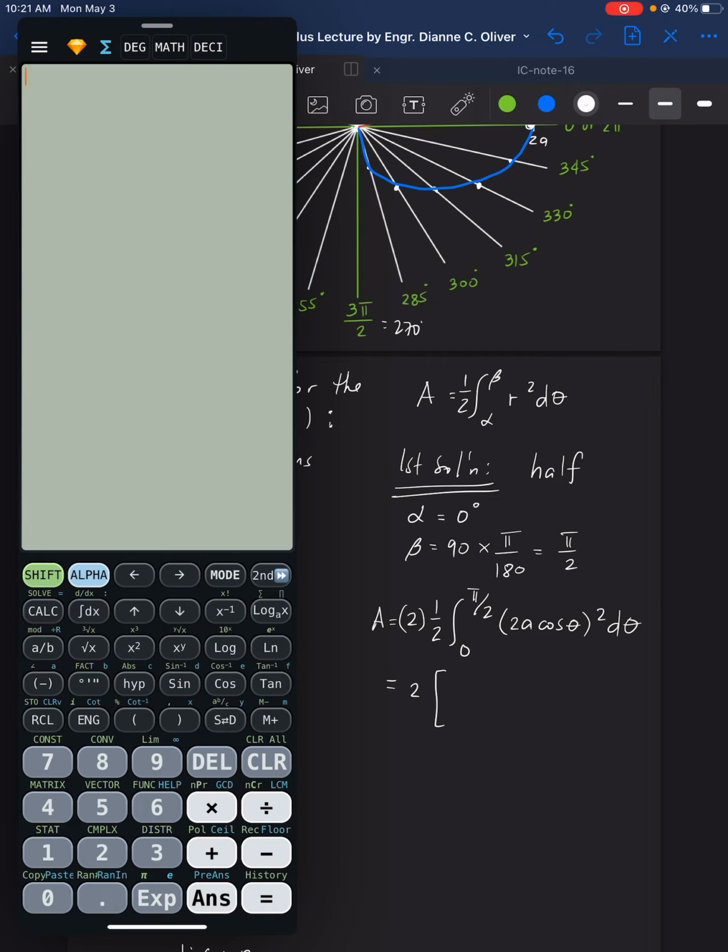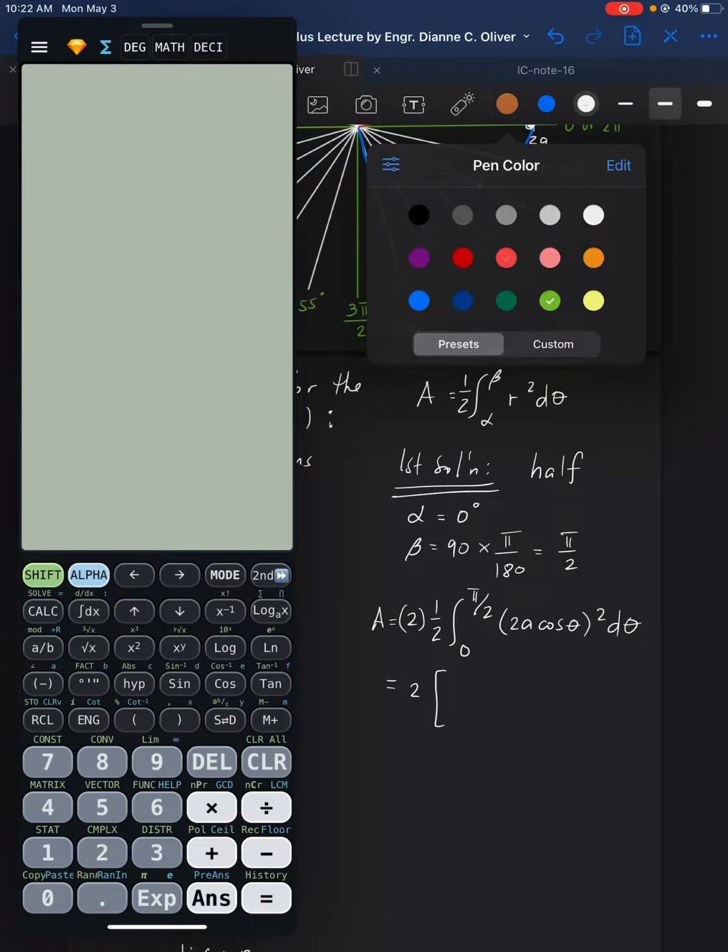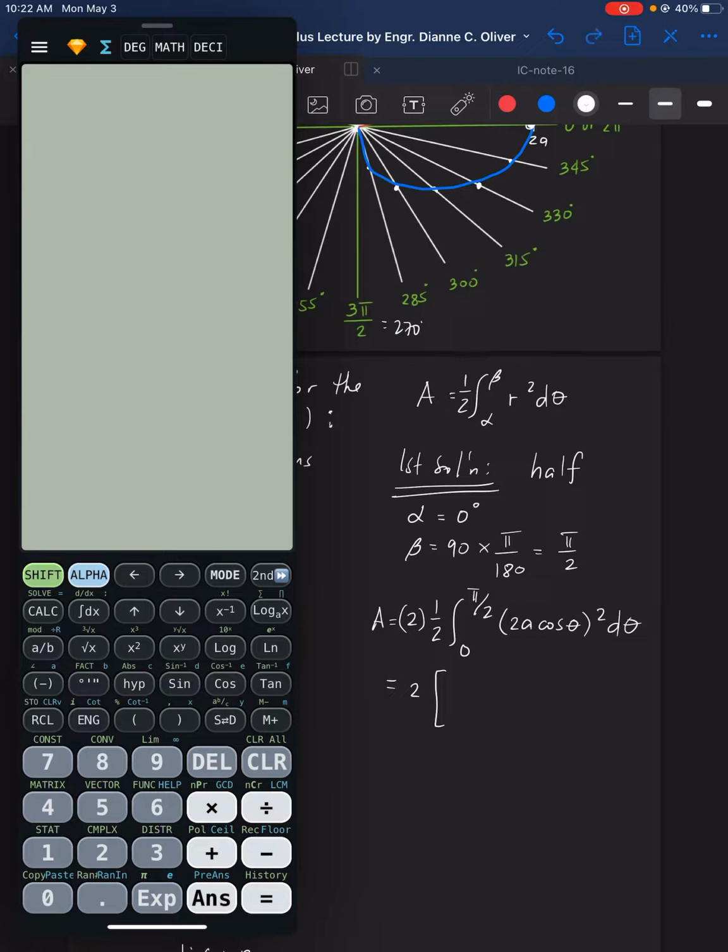A word of caution, if you're in this spot already, in this solution, always remember to use the radian mode. Use rad or radian mode. So I'm changing this into radian mode.